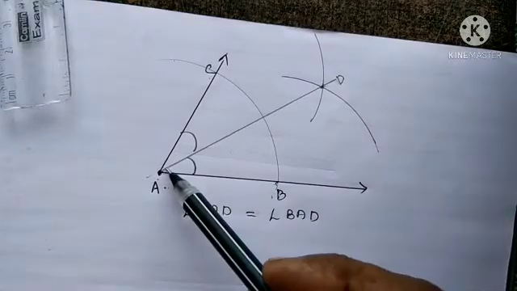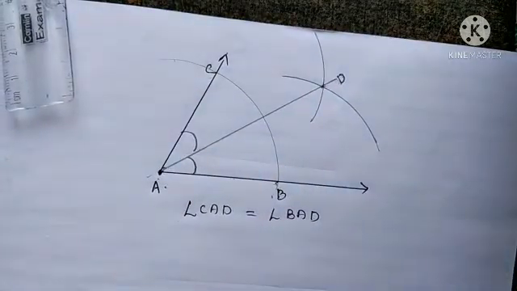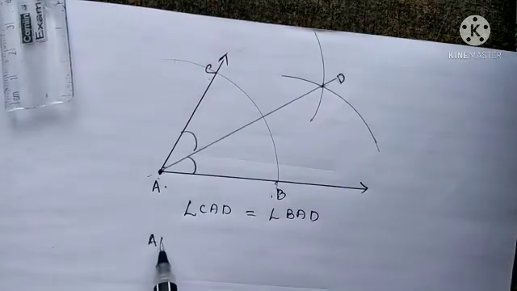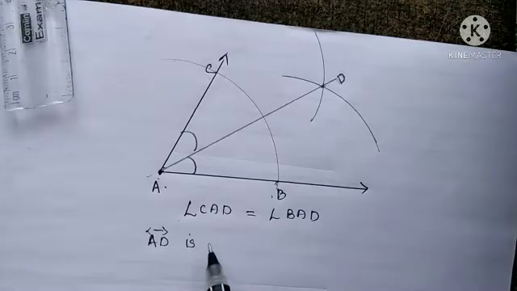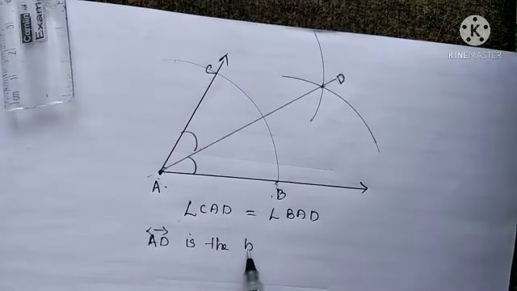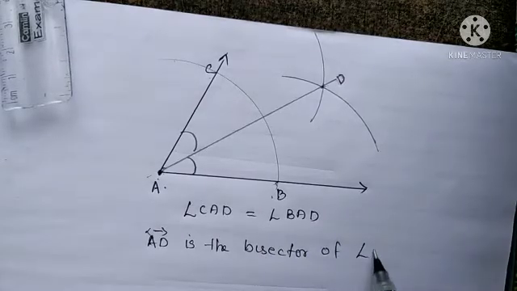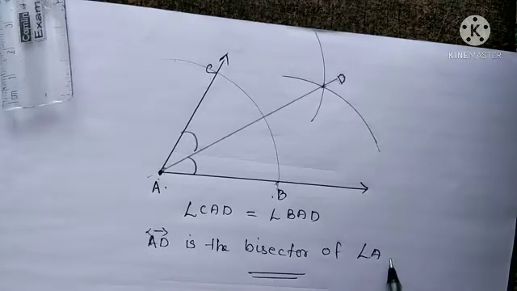Okay, so AD is the bisector of the given angle. Which is the bisector here? Line segment AD is the bisector of angle A. So we can write AD is the bisector of angle A.